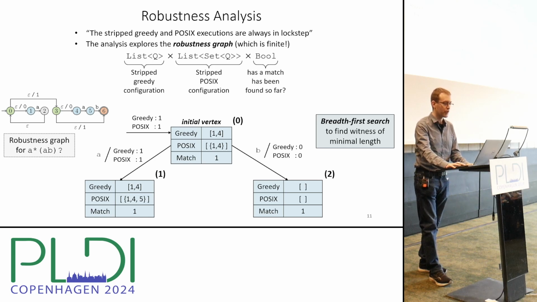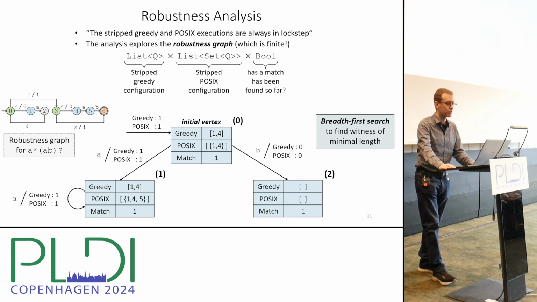Now we will continue our exploration from vertex 1. If we consider the edge on the letter A, then we form a self-loop on the vertex. We see that greedy and POSIX again agree. Both of them report a new best match. And then let's consider the edge on the letter B from vertex 1.